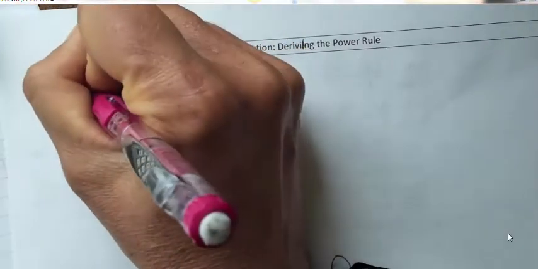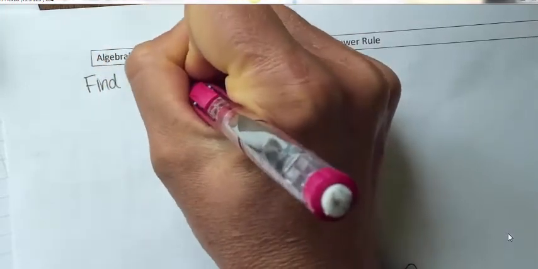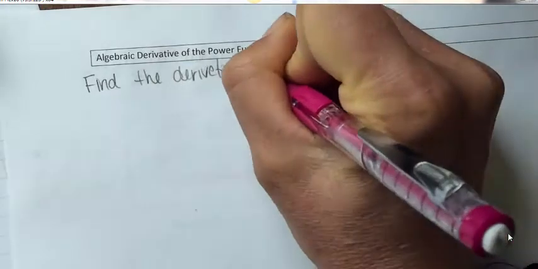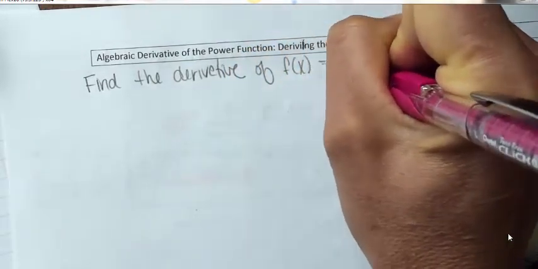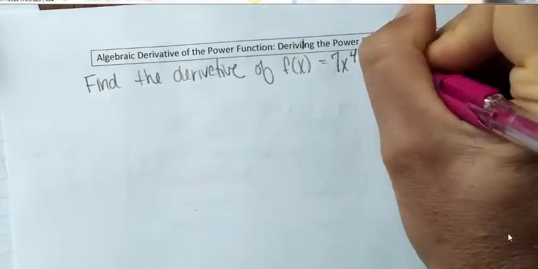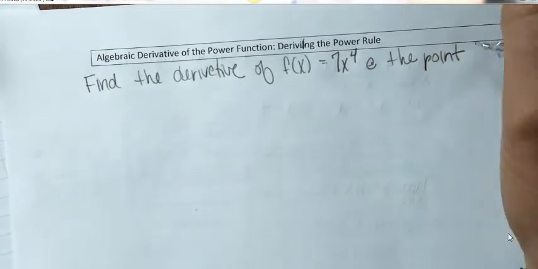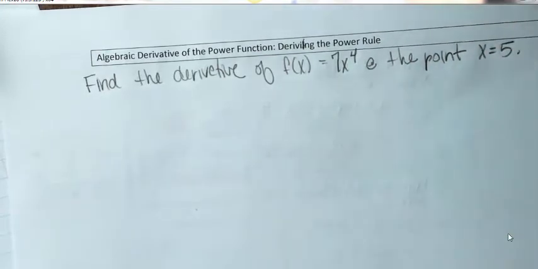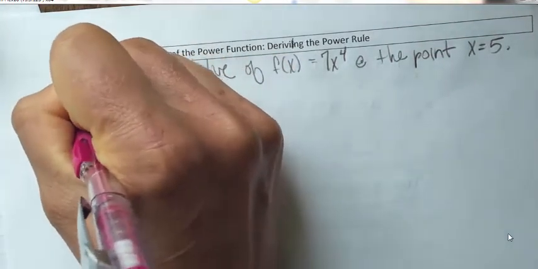Okay, so if I told you to find the derivative of a power function, like f of x equals 7x to the 4th power, at the point x equals 5, what you do is you think about the definition of derivative.